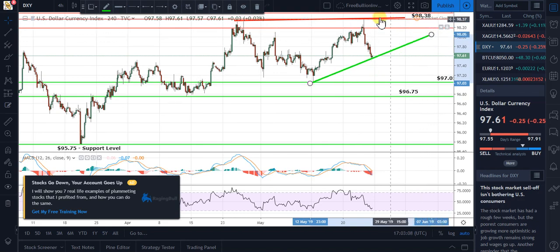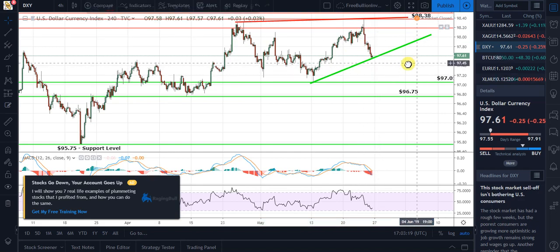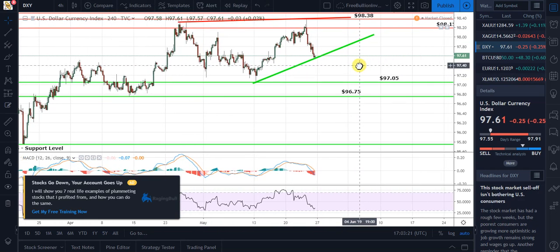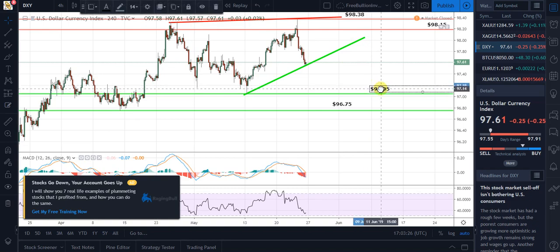So now I'm showing a rising wedge, which is a negative pattern for the US dollar. The dollar is expected to fall below this pattern. I'm not going to say where it's going to stop, but it does have support at 97.05.